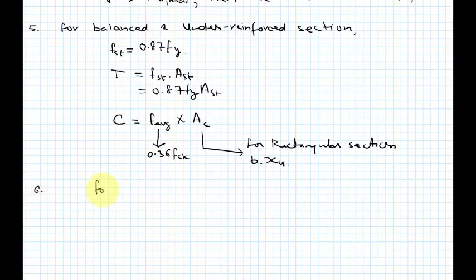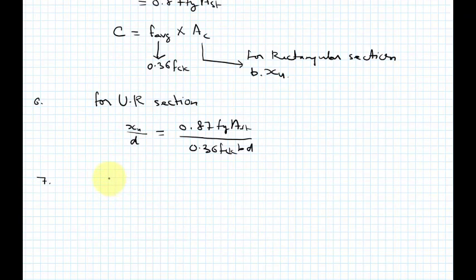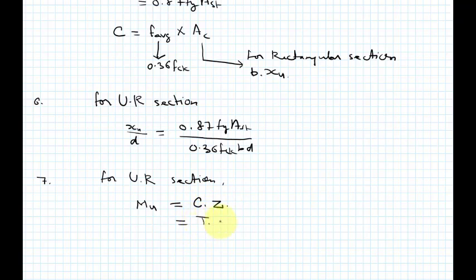Sixth point, for an under reinforced section, XU by D equal to 0.87 Fy Ast divided by 0.36 FCK BD. Moment of resistance for an under reinforced section can be given as C into lever arm or T into lever arm.